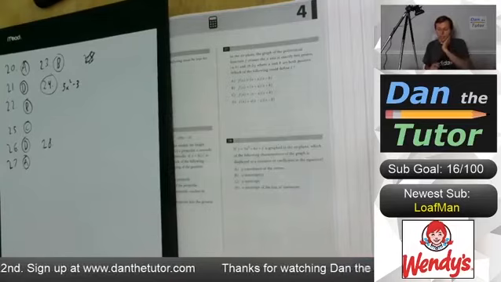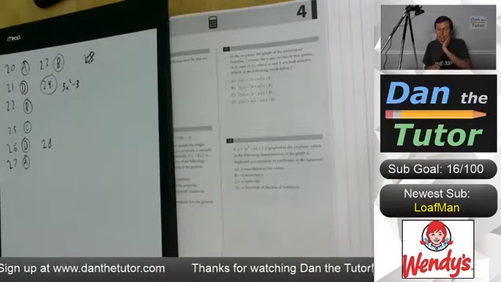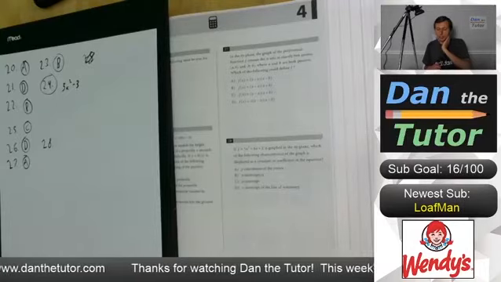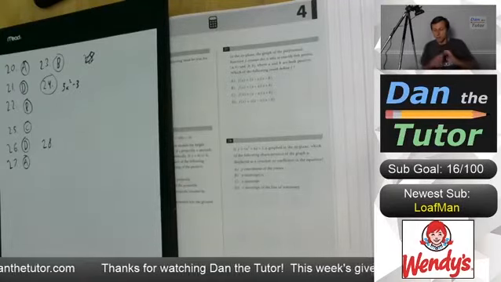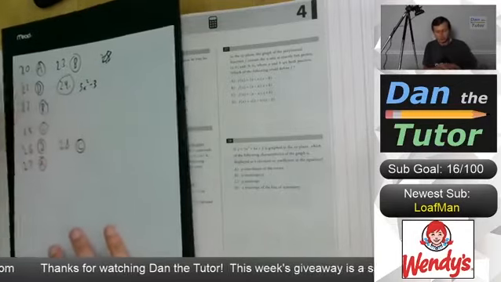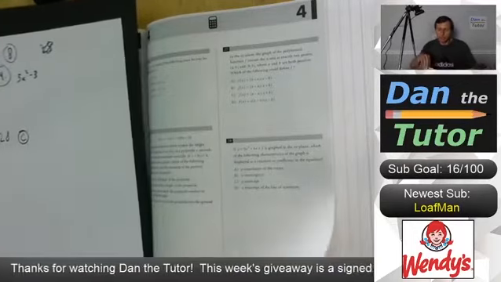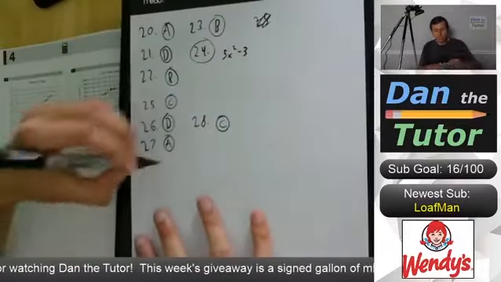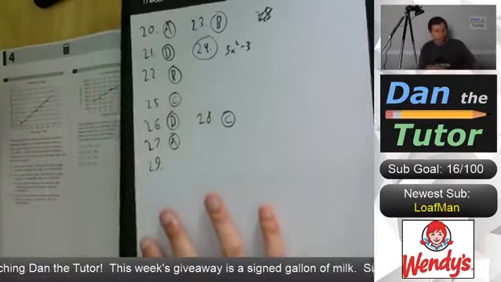Y-coordinate of the vertex, that's not it. We definitely have the y-intercept, because when x is 0, y is 2. C. And it really depends on how they write the equation. The way they wrote that equation, that's what it is.